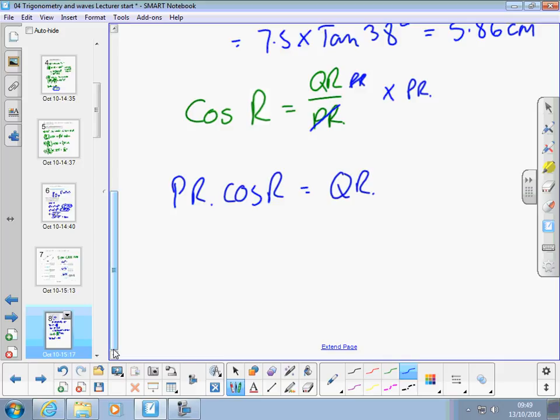Alright? That's the first step. Multiply by the side PR. Next step is we need to get cos R over this side. How do we do that?